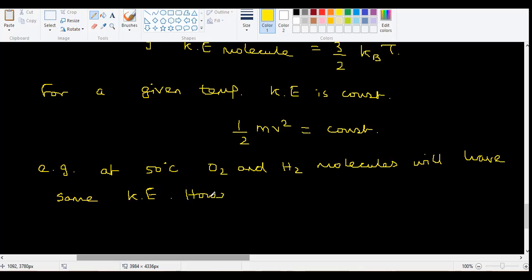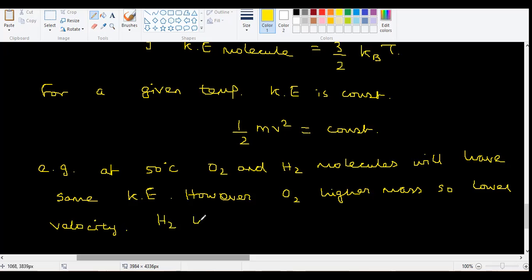However, oxygen, having higher mass, has lower velocity, whereas hydrogen, lower mass, has higher velocity.